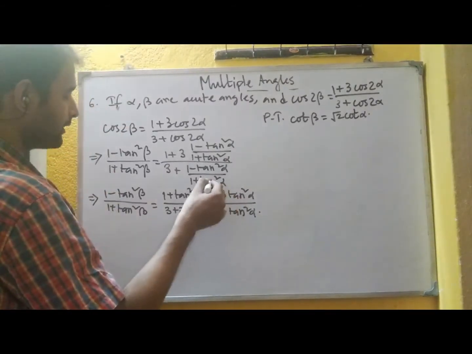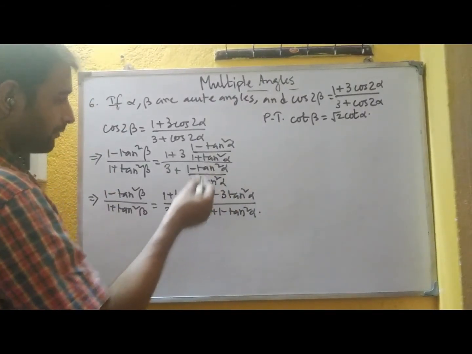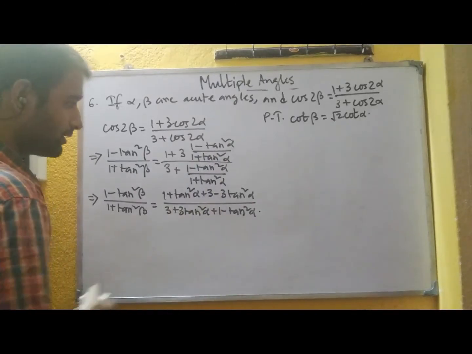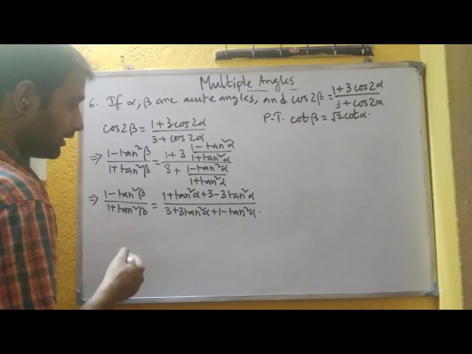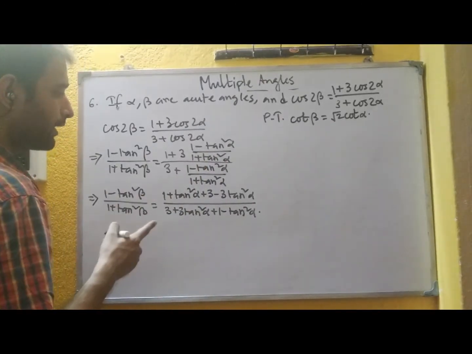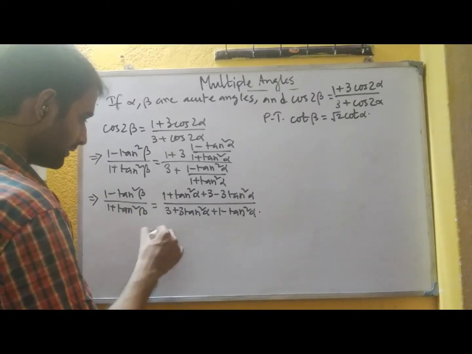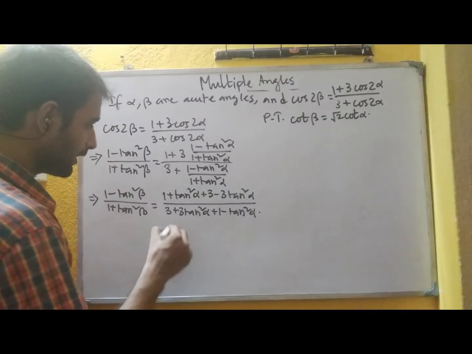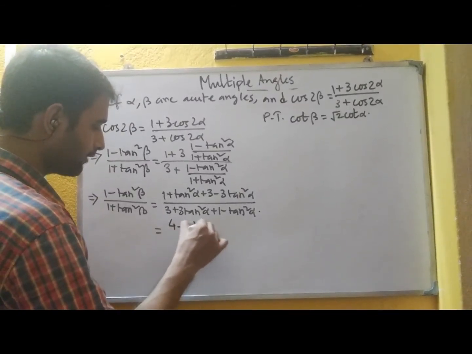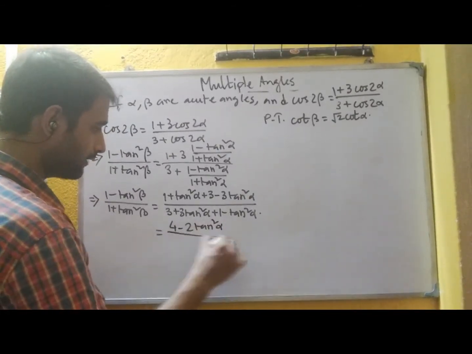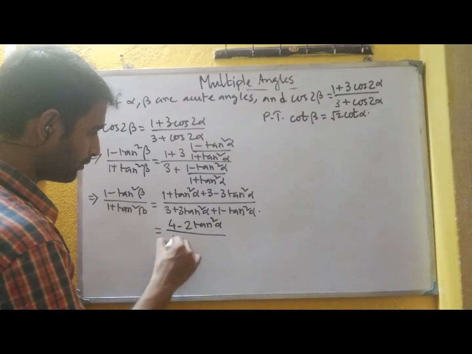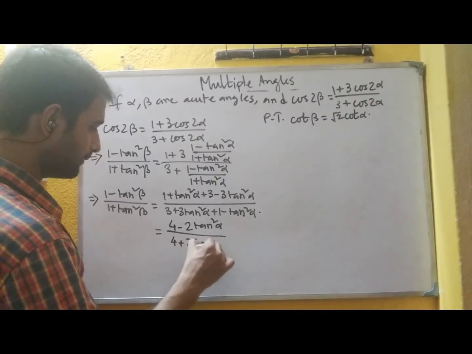See the numerator, see the denominator, the LCM is the same as 1 plus tan square alpha. So from both the numerator and denominator, the LCM terms get cancelled out, and after a simple calculation, we are getting 4 minus 2 tan square alpha divided by 4 plus 2 tan square alpha.